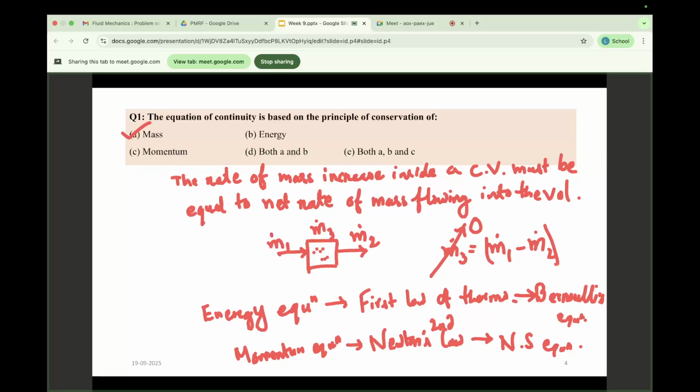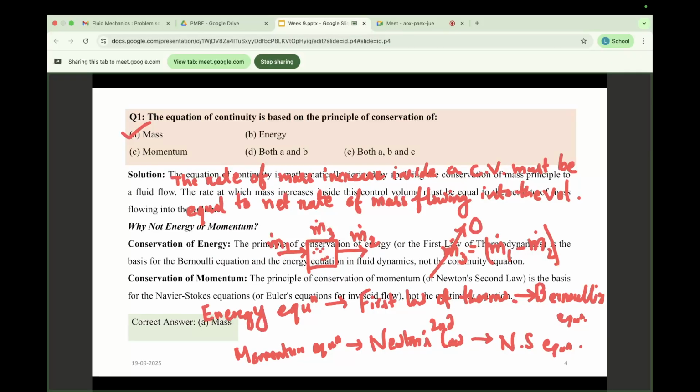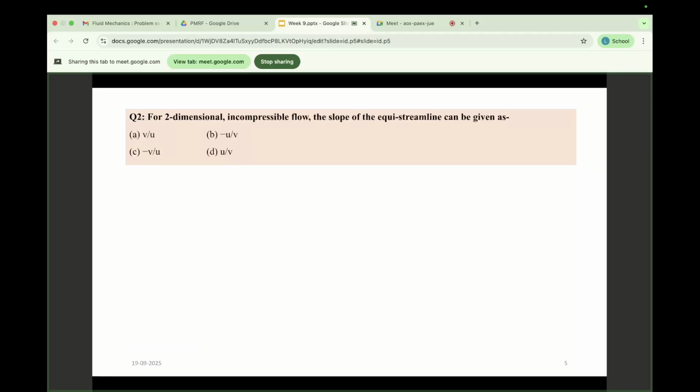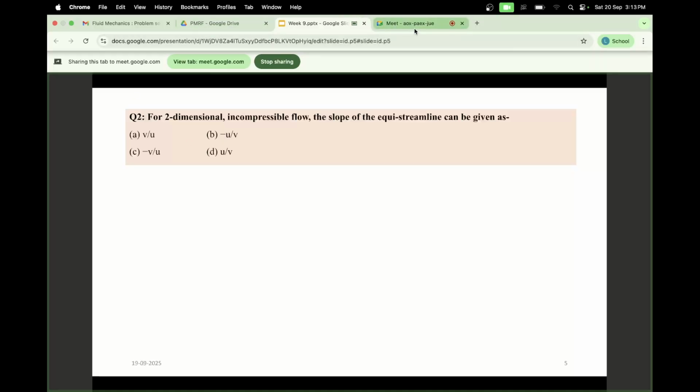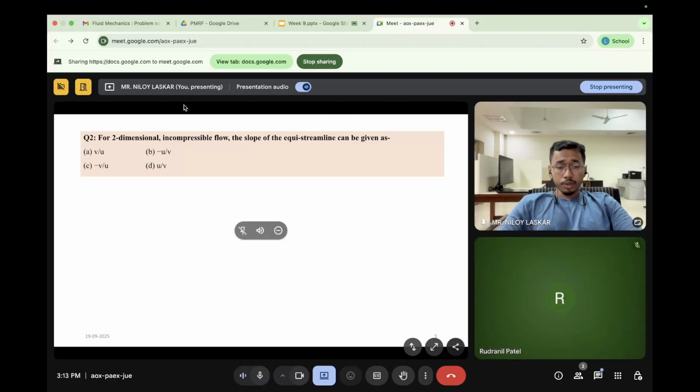Okay, so good. Next I am moving to the next question. In this question, it has been asked that for an incompressible flow, the slope of the equistream can be given as what? Today's class is a recap of what you have studied in the earlier class. So please think and answer. I am giving you 1 minute.